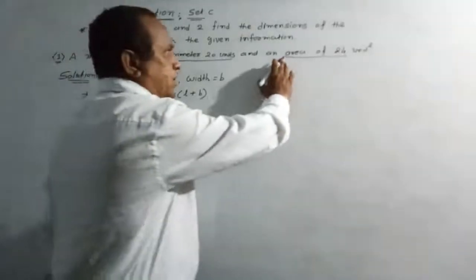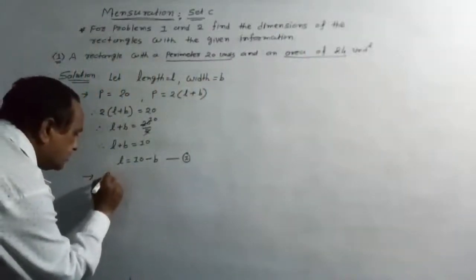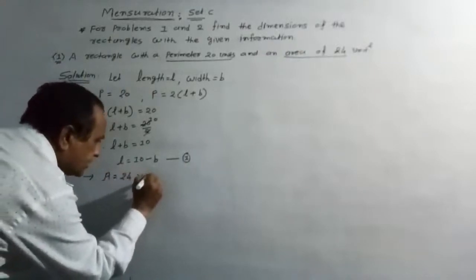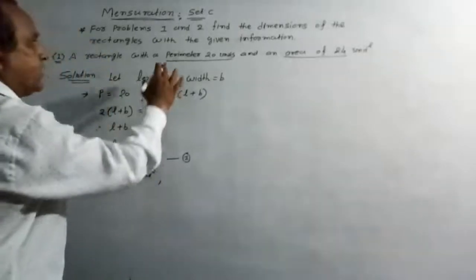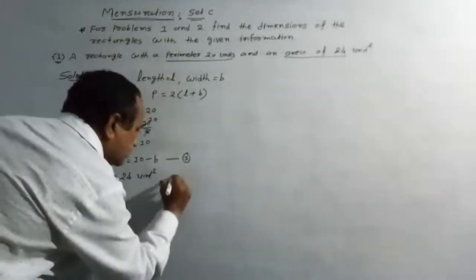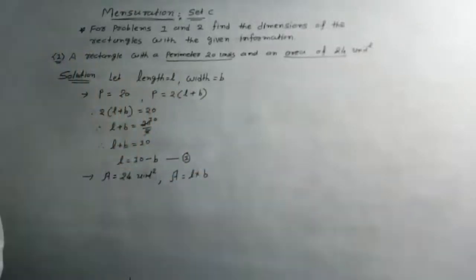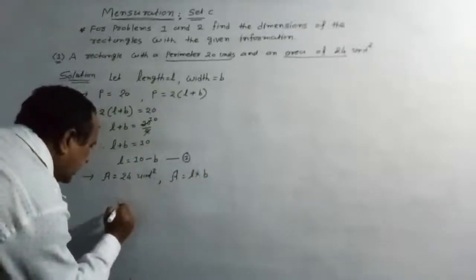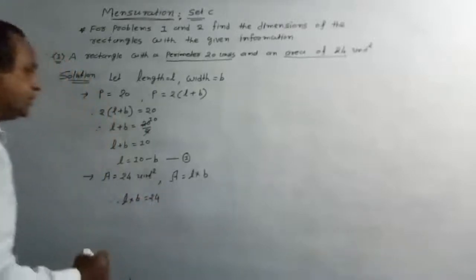Now given area is 24 units square. The formula for the area of a rectangle is A equals L multiplied by B. So put the value of A: L multiplied by B is equal to 24.